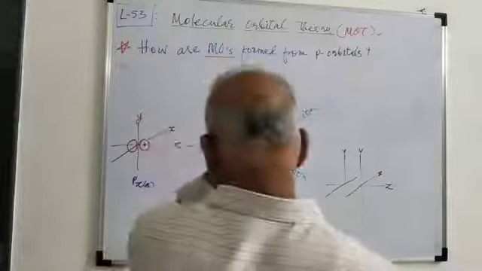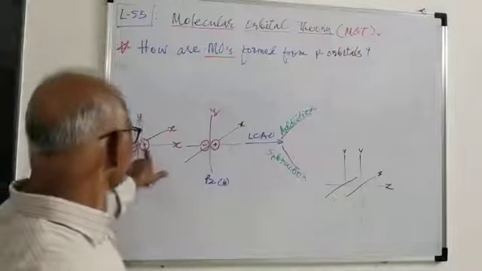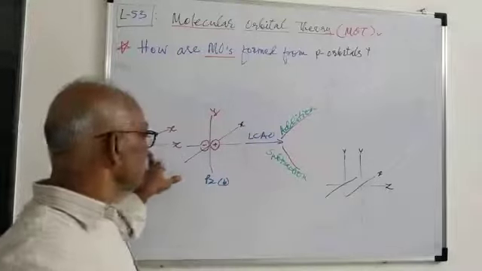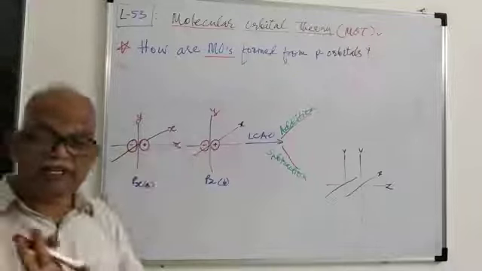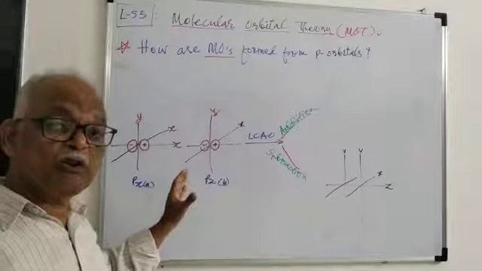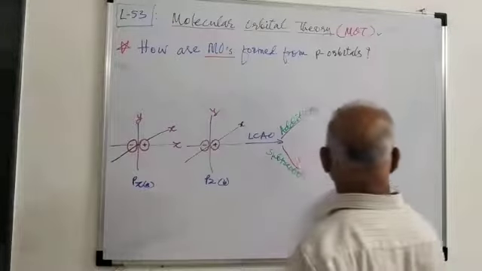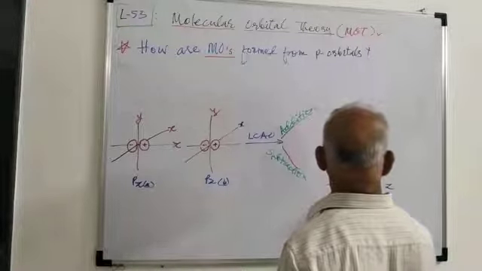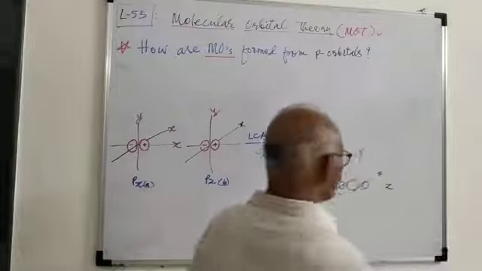Here we know that when the lobes with the same sign of wave function point in one direction, means the plus sign of wave function is pointing in this direction and the negative sign of wave function is pointing in the opposite direction, then in this case the two atomic orbitals will undergo subtraction type of overlap between them, and this will produce molecular orbitals with a structure like this.